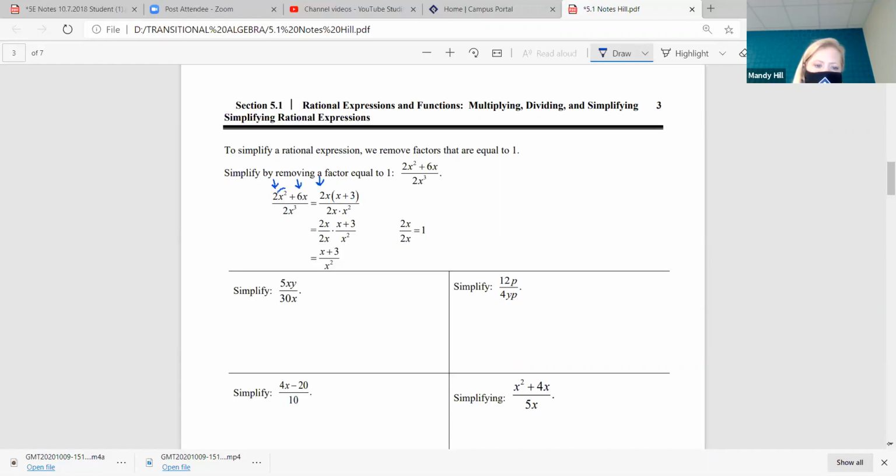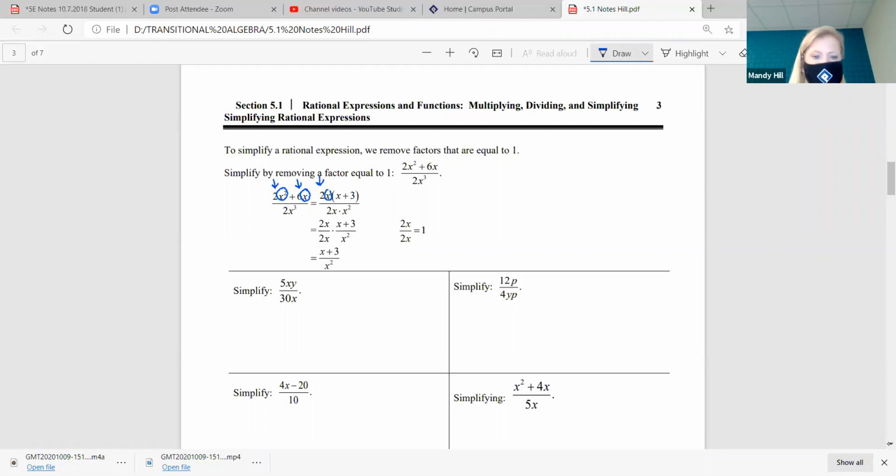I've got an x squared and just a regular old x, so all the x's I could take out would just be the 1. So they took a 2x out of all this stuff. So if they take a 2x out of 2x squared, they're just left with x. If they take a 2x out of 6x, well, 6 divided by 2 is going to give you 3, and then they pulled that x out. And on the bottom here, they've got 2x to the third, and they just kind of split this up.